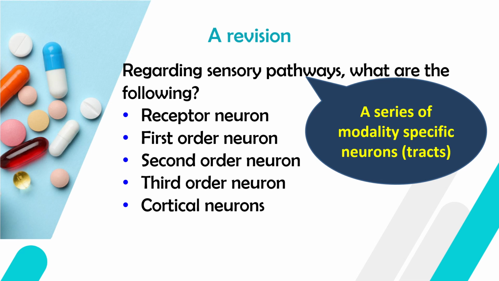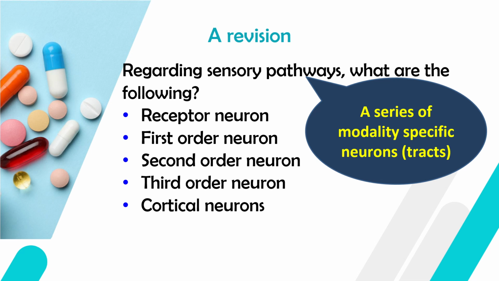We will see whether we have first order, second order, third order. Where are the third order neurons? Thalamus. What follows? Cortical neurons.